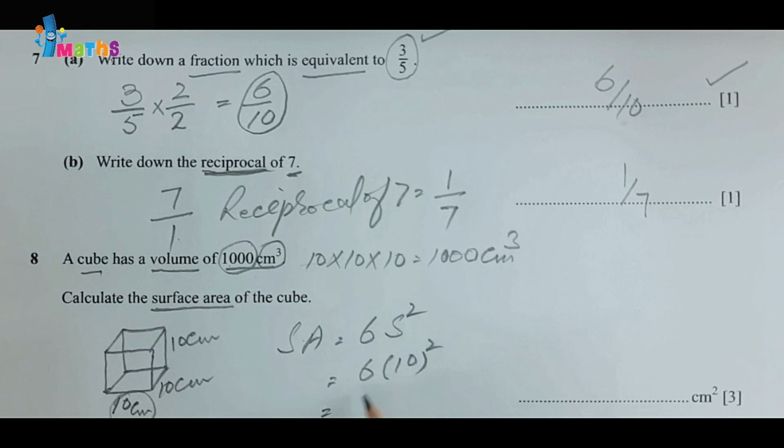So 6 into 10 square, which is 100, will be equal to 600. So its surface area will be in centimeter squares. At the answer they have already provided centimeter squares, so you will have to just mention 600. So this will be your surface area for this cube.